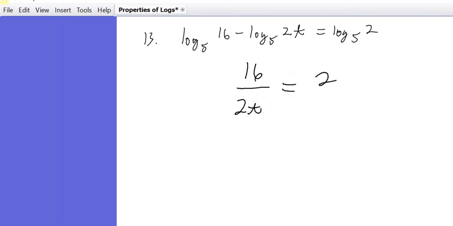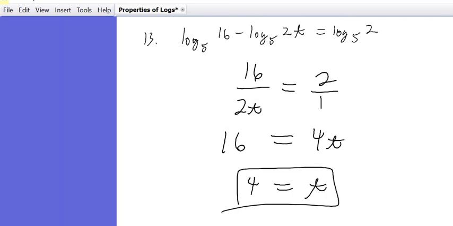But what I want to do to solve this is just a basic equation. Cross multiply. So this is really 2 over 1. I'm going to multiply 16 times 1 and get 16, 2t times 2 and get 4t. And so t equals 4. Okay? Now, if you use the properties correctly, it's an easy equation that you'll have to solve in most cases, for the problems that we do anyway.